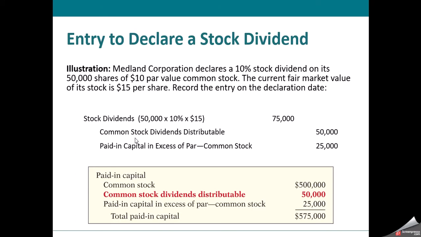We're going to credit an account called Common Stock Dividends Distributable for the dividend amount, because it's 10% times the 50,000 times the $10 par value. So that's that $50,000. And then the remainder goes to paid in capital in excess of par, common stock.